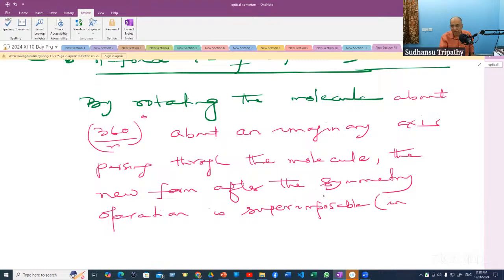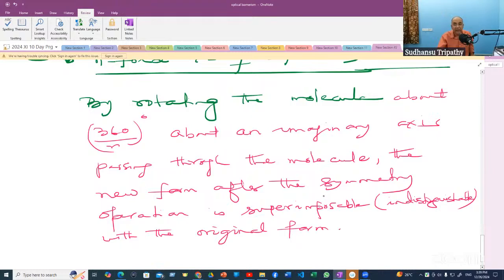We can also use the term indistinguishable with the original form. So that n is called a n-fold axis of symmetry. Cn, C2, C3, C4.